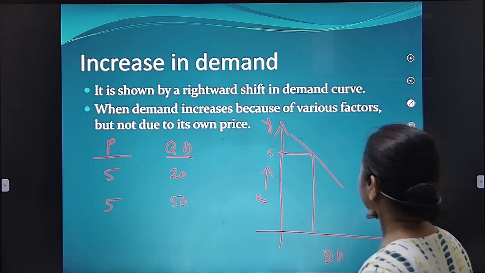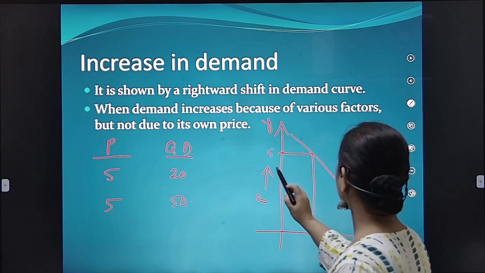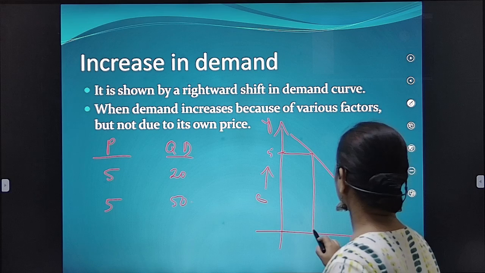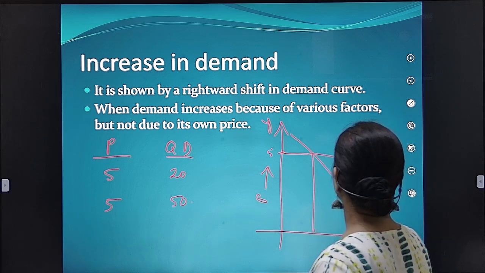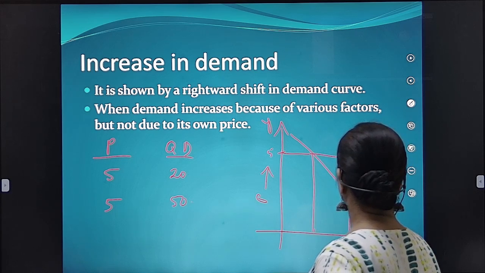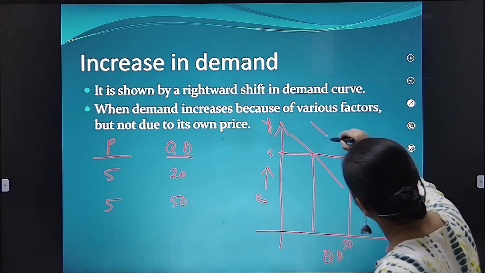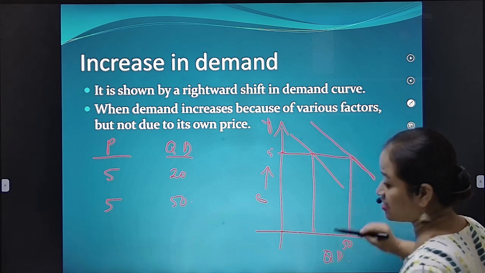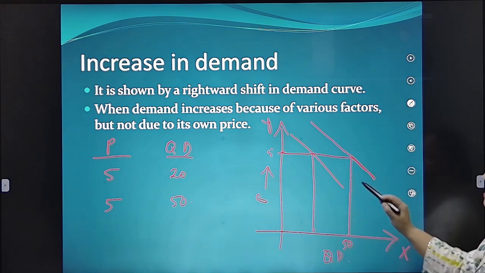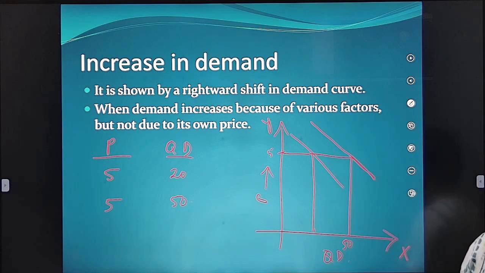And when price is 5, okay, your quantity demand is 50. तो ये डिमांड कर्व कैसा हो गया? यहाँ पे आ गया है कि नहीं? है कि नहीं? डिमांड कर्व की कैसे कहाँ पे चला गया? शिफ्ट कर गया. एक ही में है क्या?